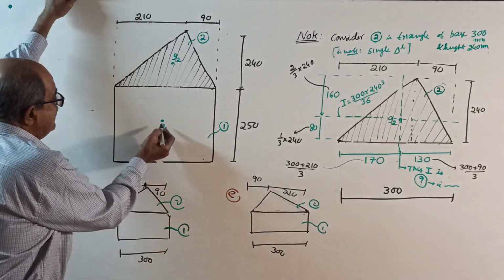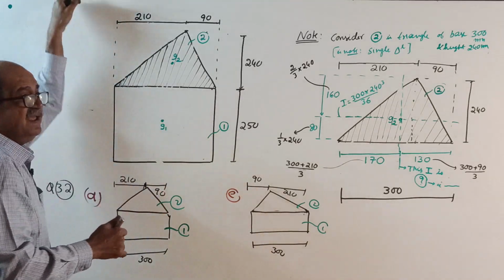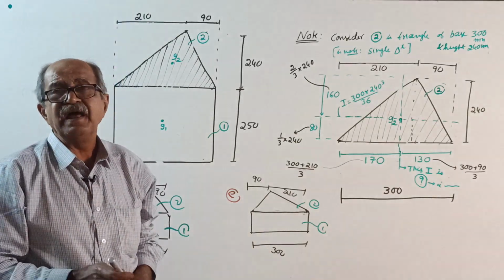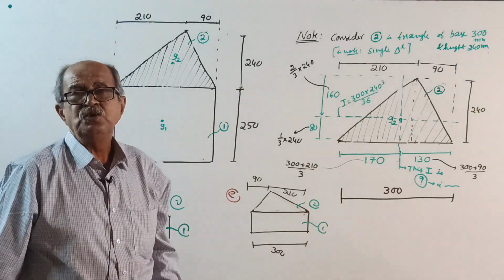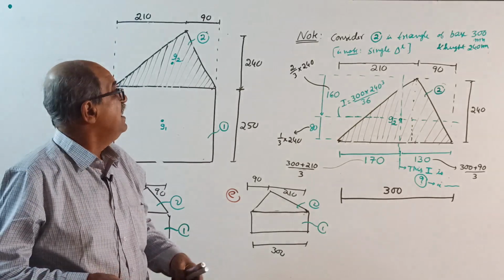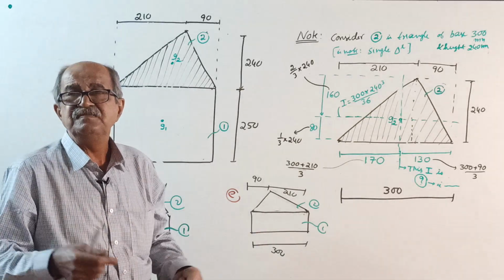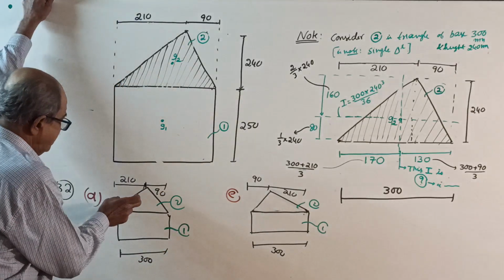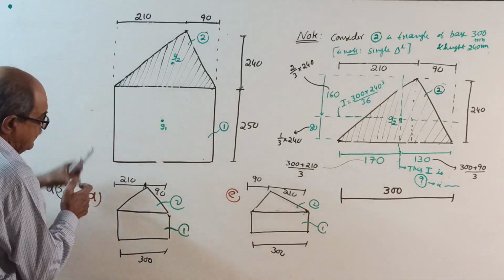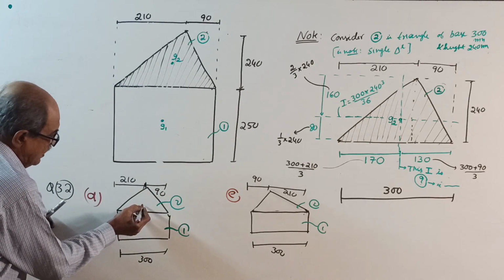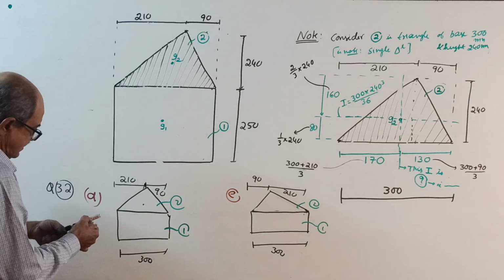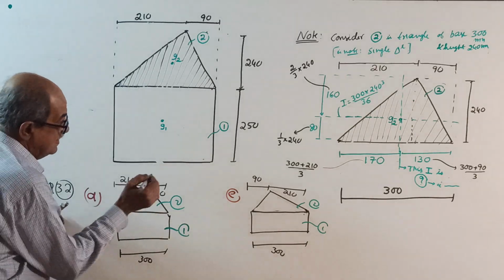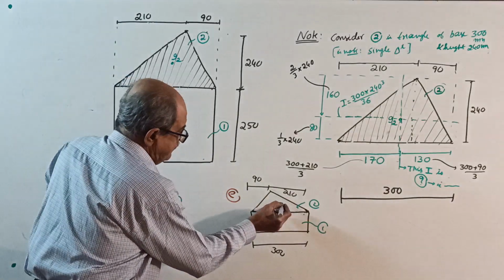Absolutely no problem. See, G1 here. The other is not a right angle triangle, also not an isosceles triangle. It is a triangle in general. Means these two are different. Here, see, the centroid will be somewhere here. Its own centroid is somewhere this side.